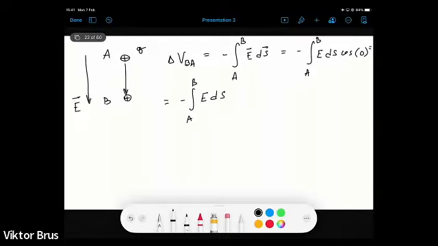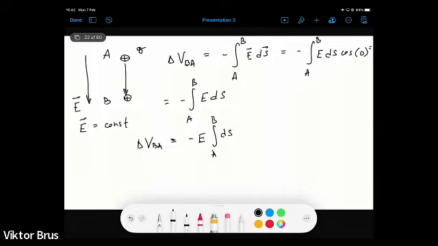So assuming, as we mentioned at the beginning, that the electric field is constant, we can take it out of the integral, and for the potential difference delta V BA, we calculate minus E integral from A to B of ds.